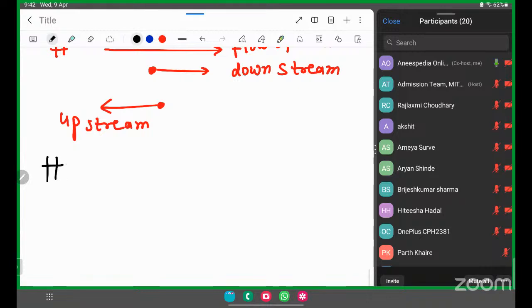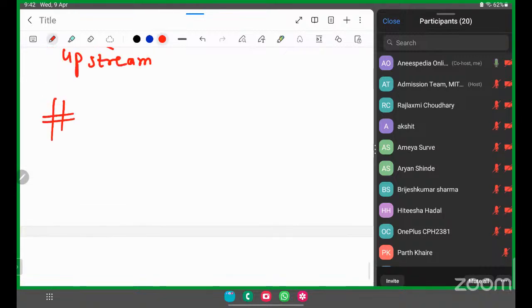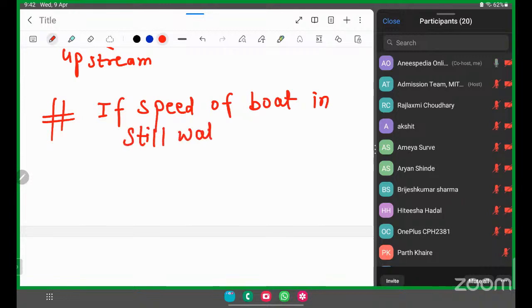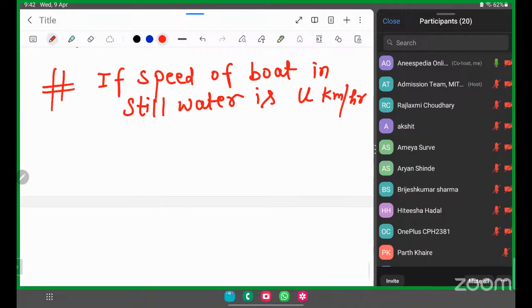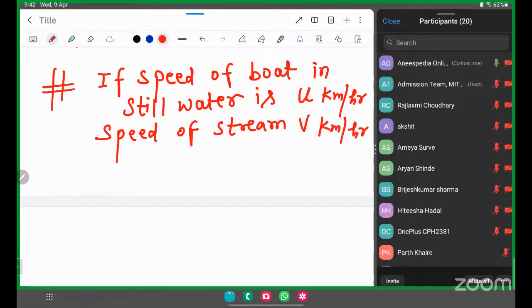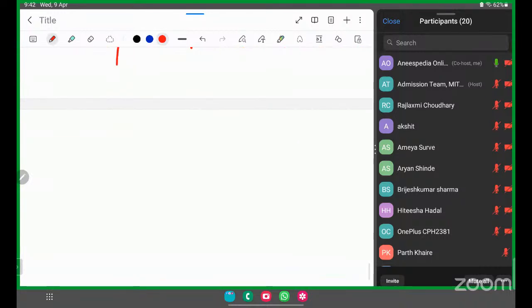Second point in this, if speed of boat in still water is u kilometer per hour and speed of stream is v kilometer per hour, then what will be the downstream and upstream speed?